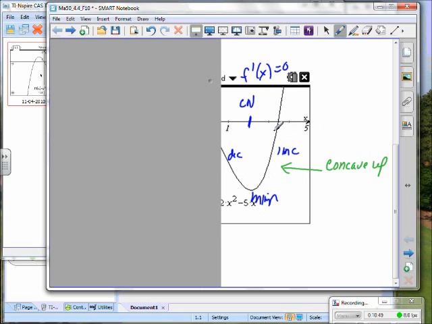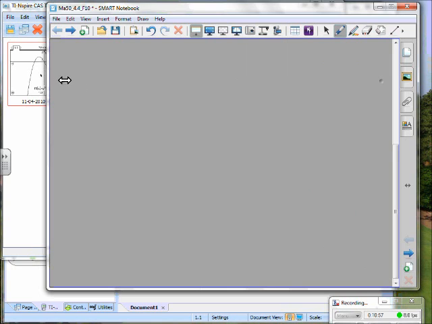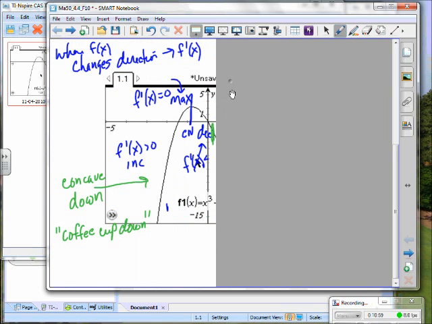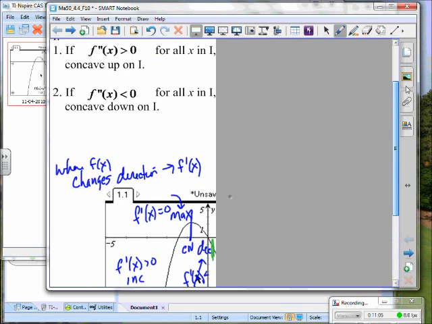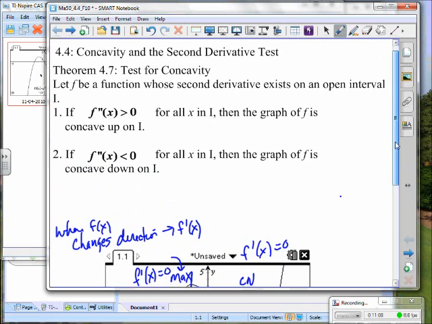But we have then, it's concave up here, and concave down here. So this function, the very same function, is changing concavity.